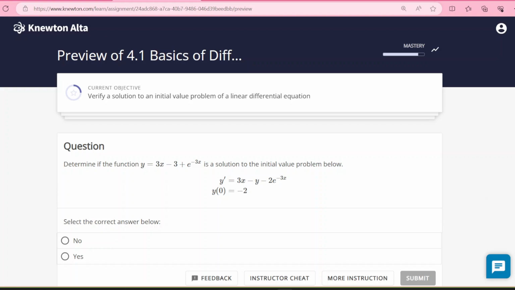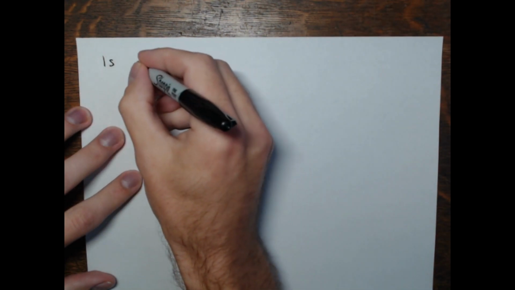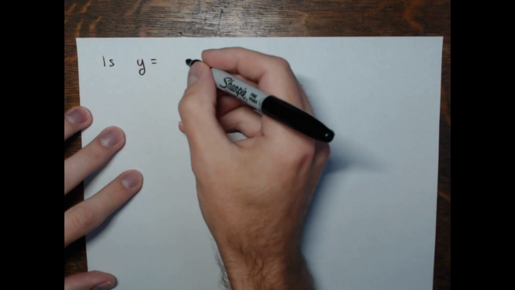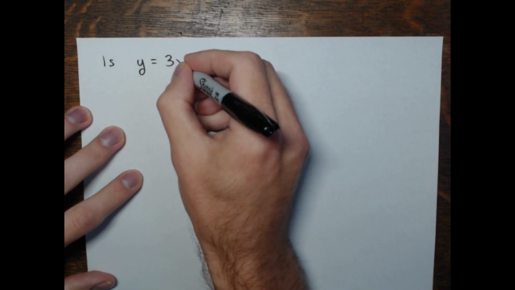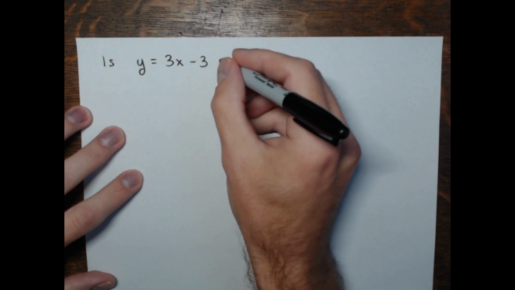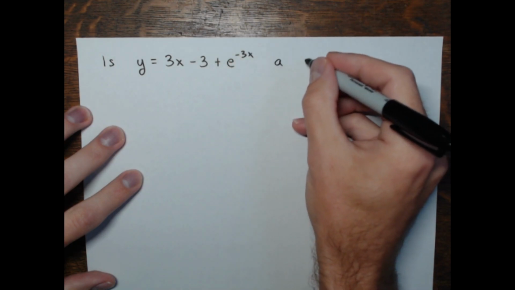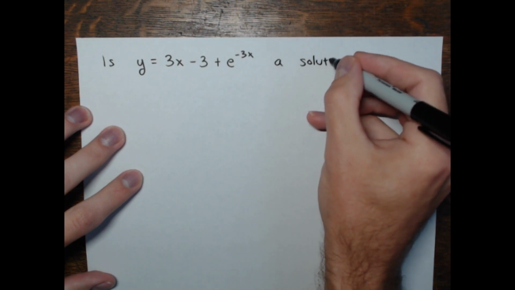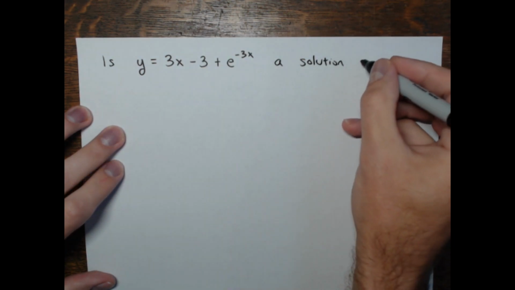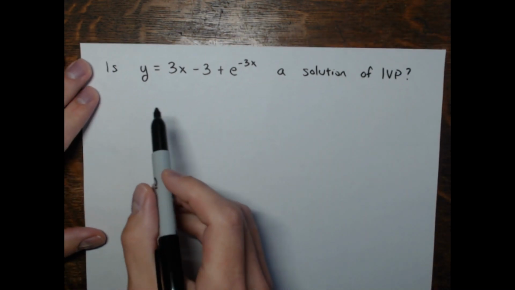Okay, so back here. So yeah, the question is, is y equals 3x minus 3 plus e to the negative 3x a solution of the following initial value problem, right, IVP?